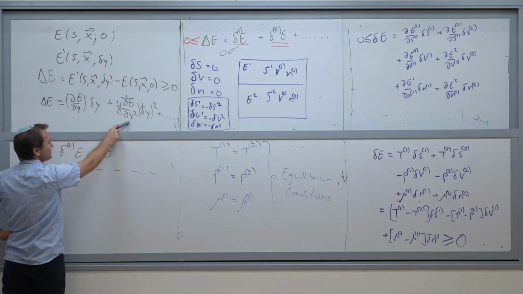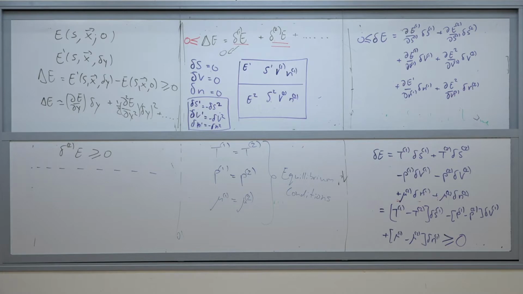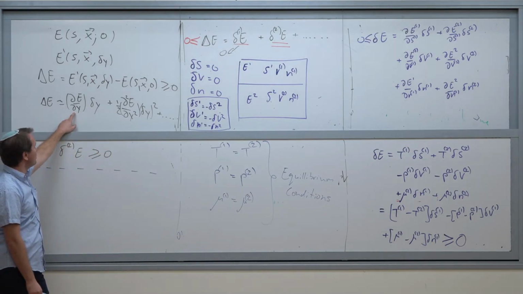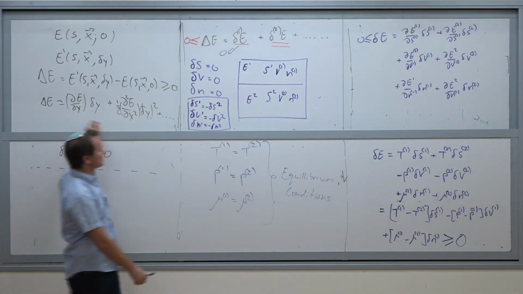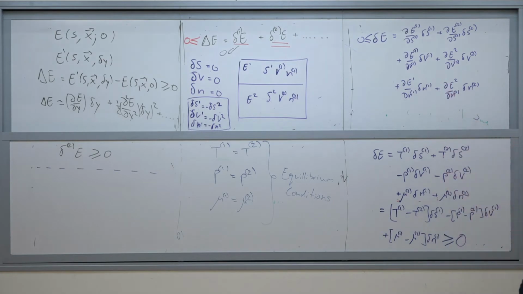The second variation is described by partial derivatives of the second order. When we described the first variation using derivatives of the first order, we only had those terms over here: dE/dS, dE/dV, and dE/dN.